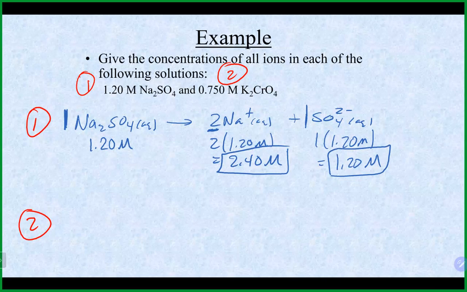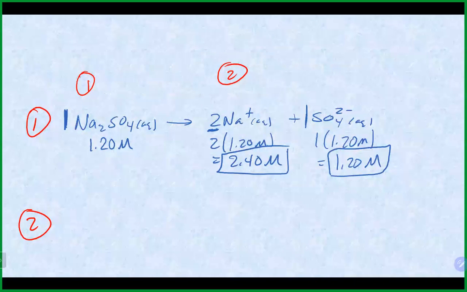Just also a reminder that what we just did there is sort of the short version of that calculation. The long version of that calculation is we would do like a stoichiometry relationship, taking the molarity of the entire thing, which would be 1.2 moles of sodium sulfate per liter.